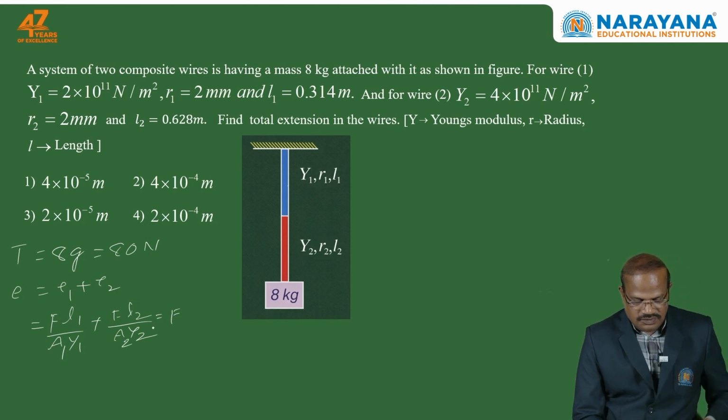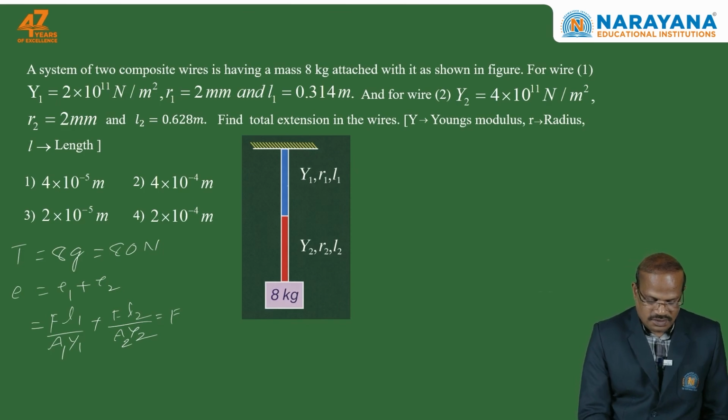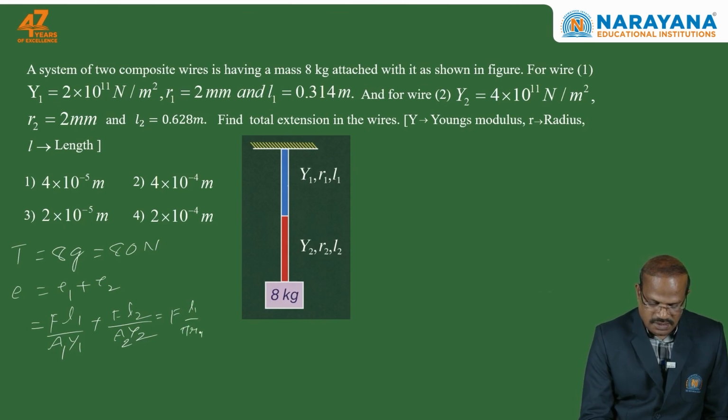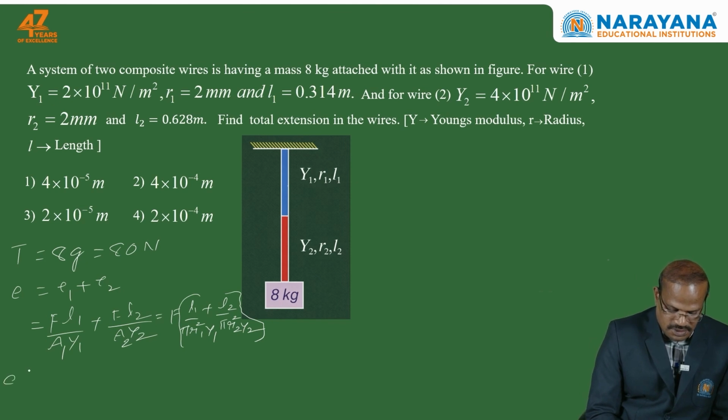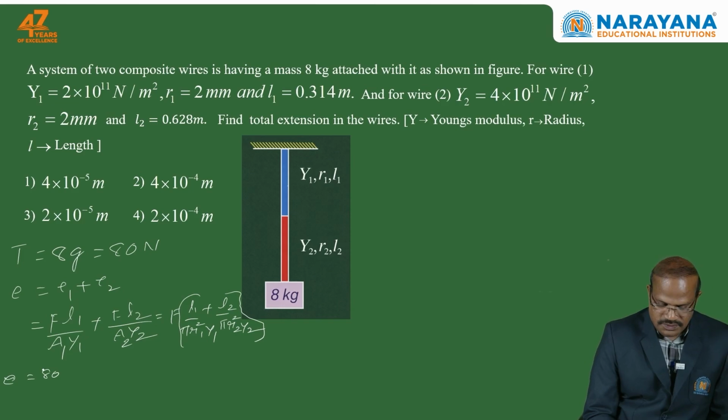So E1 is FL1 by A1 Y1, E2 is FL2 by A2 Y2. We can take F common and this is L1 by pi R1 square Y1 plus L2 by pi R2 square Y2. So it will come like this. Then E equal to, so F is 80.